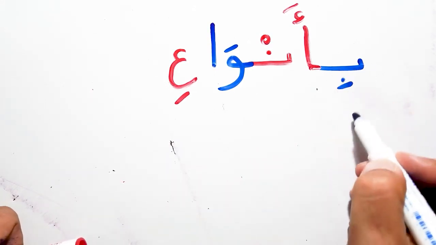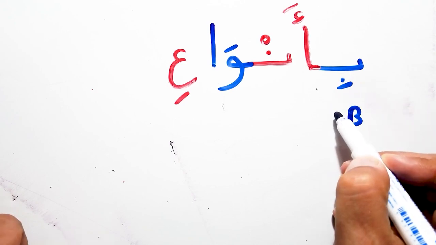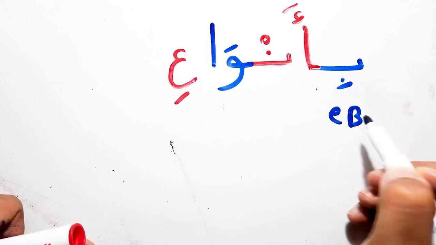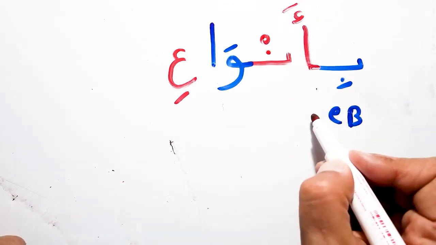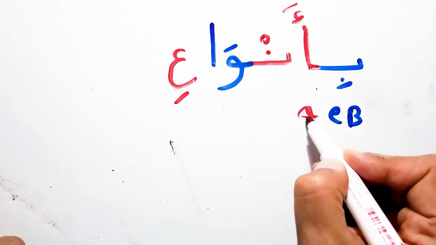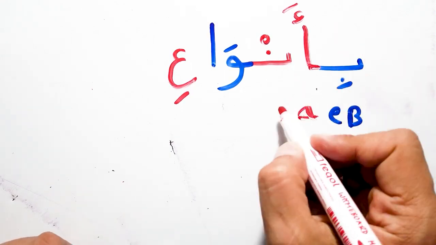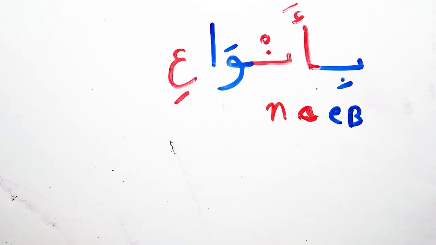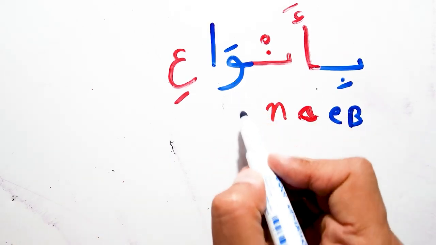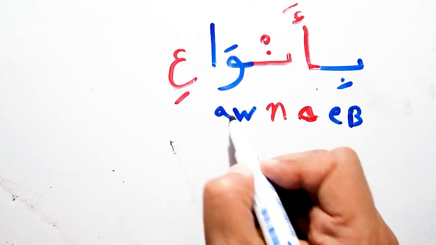Let's write the word from the right to the left in English. So the first one is the letter B, and it has this kasra, it adds the sound of I or E. B. And then that one sounds like A. And then that one sounds like N. And then that one sounds like W. With fatha, it adds a.